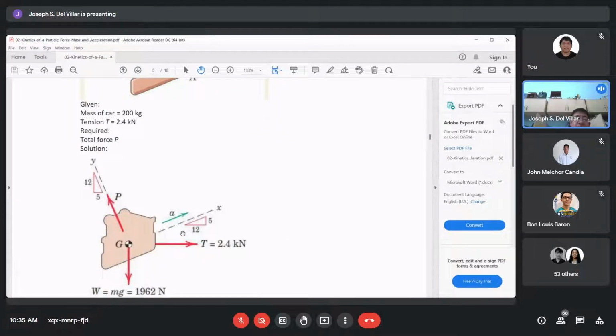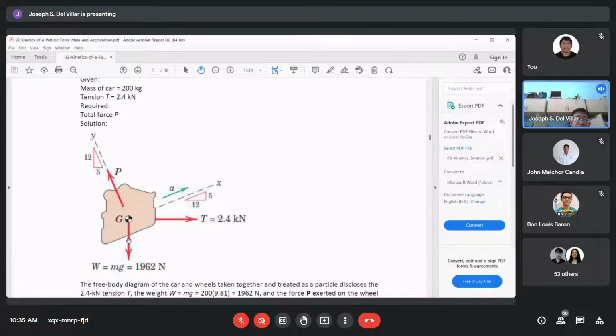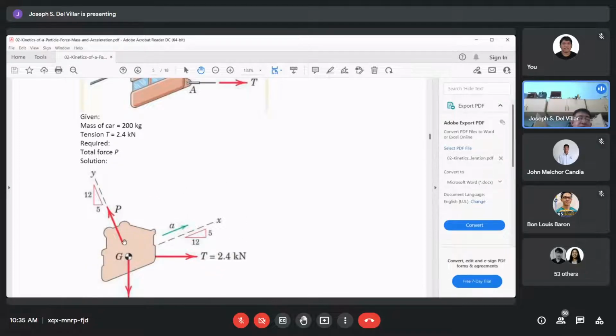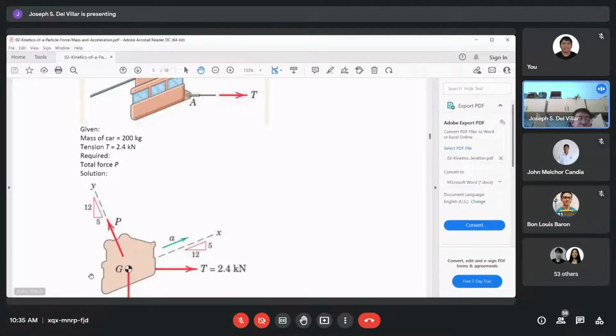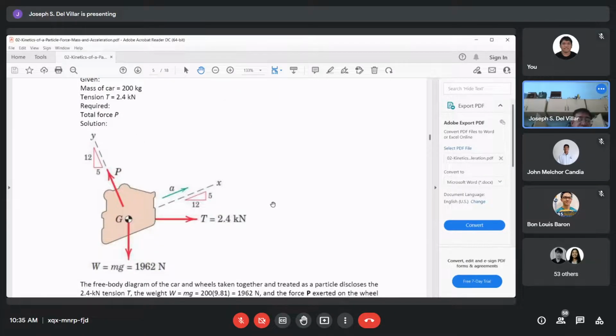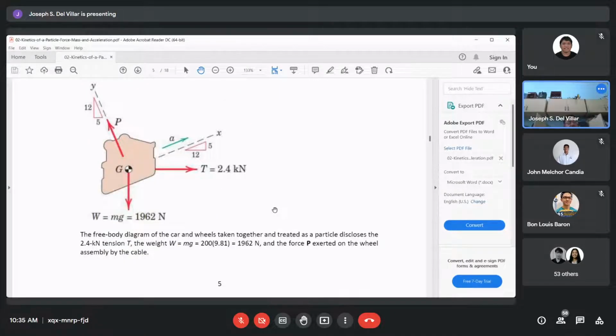The weight is always directed vertically down. This red arrow, mg. The tension is purely horizontal towards the right. And this P, that is perpendicular to the cable. Okay? This is the cable, this is the x-axis. Okay? So the direction of motion is represented by the acceleration to the right. Okay? Upward to the right.